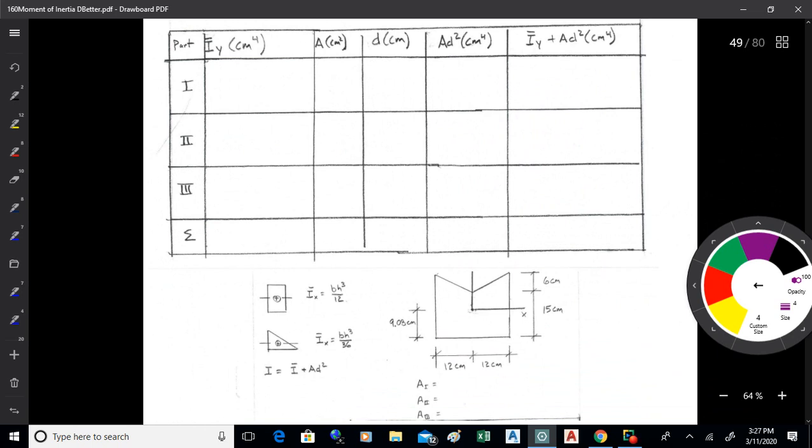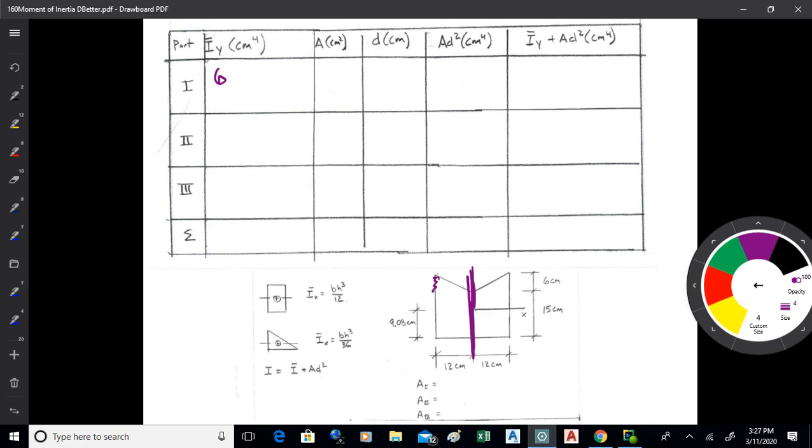All right. Now, how about I sub y? If we look at that first triangle, the one thing that changes is that we're looking at the y-axis now, this axis here. So what we call the base is parallel to the axis. So the base will be 6 on this. I define base as parallel to the axis.